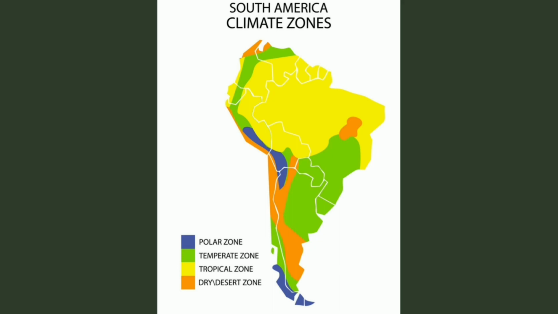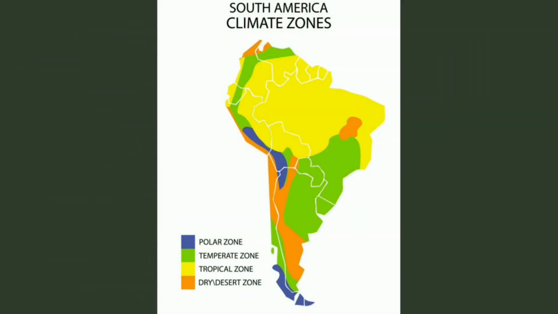We can also see here the orange one, which is the arid or the desert zone, dominated mostly in Chile or in Argentina.